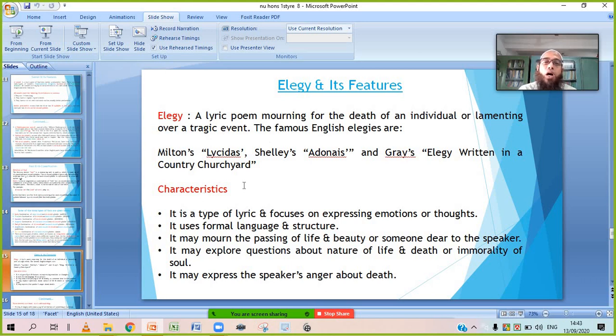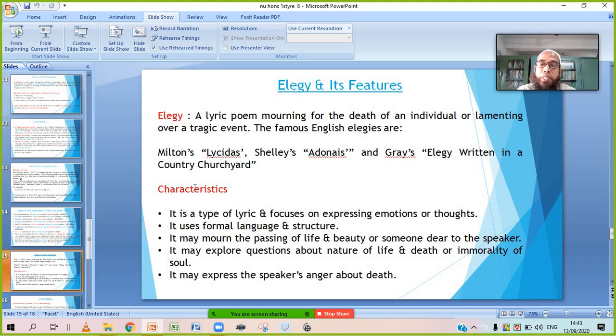Characteristics of an elegy. It is a type of lyric and focuses on expressing emotions or thoughts. One thing I told you: every poem is a lyric, so you must know the features of a lyric.